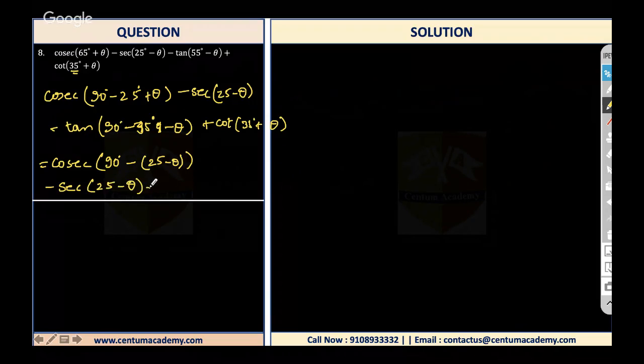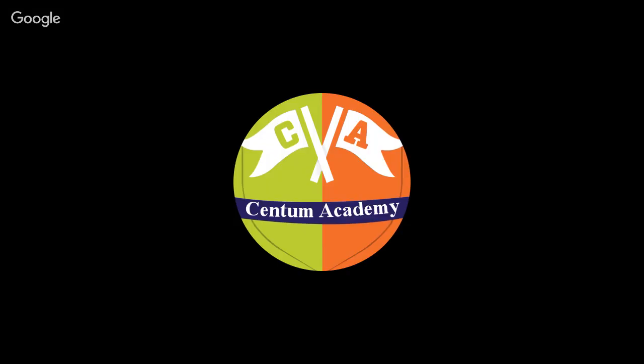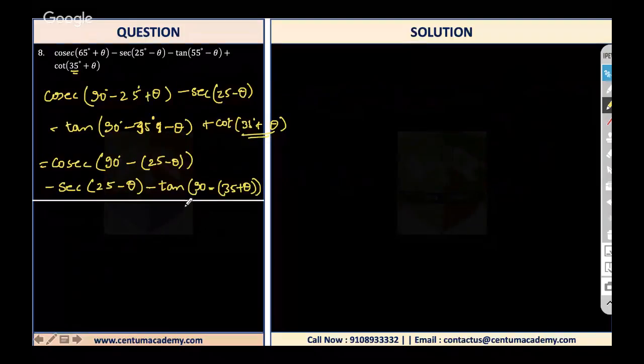Then third is negative tan of 90 minus 35 plus theta, this is going towards cot, so plus cot 35 plus theta.